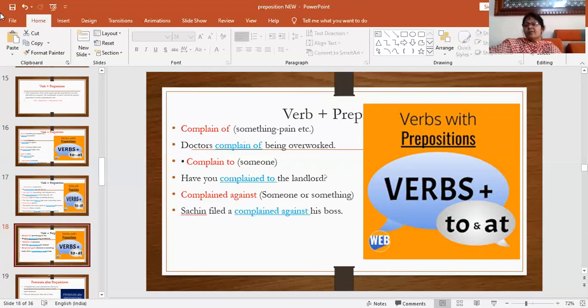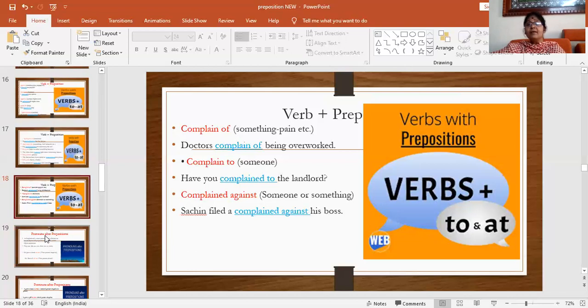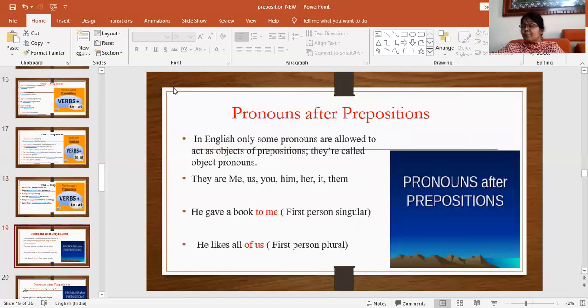So, what we learned today is that we can combine prepositions with verbs and form words which we can use in our daily language, and each one will have a different function. Now, in a similar manner, we also have prepositions after which we use pronouns and we form new words, right?